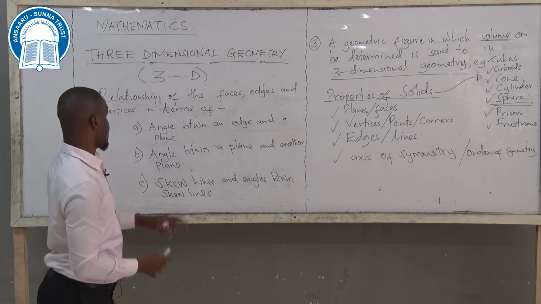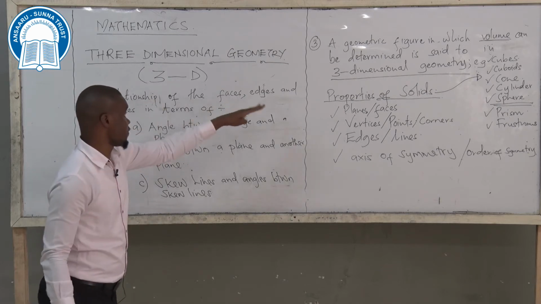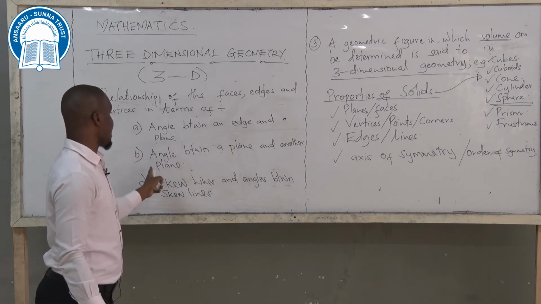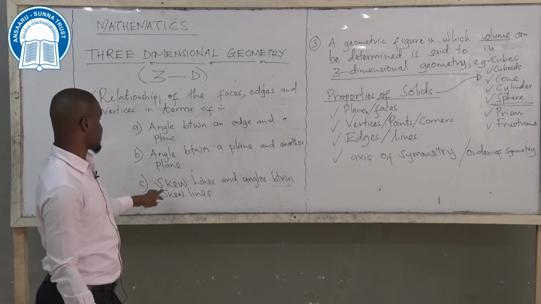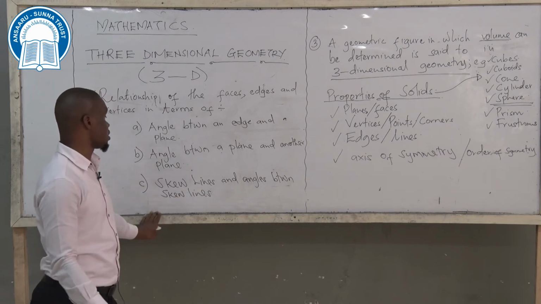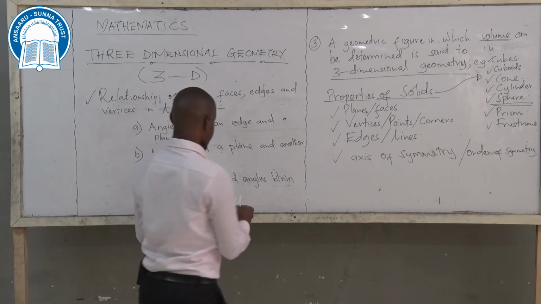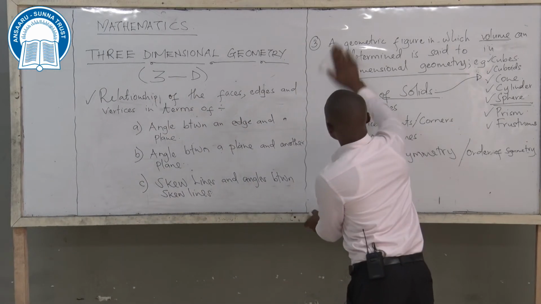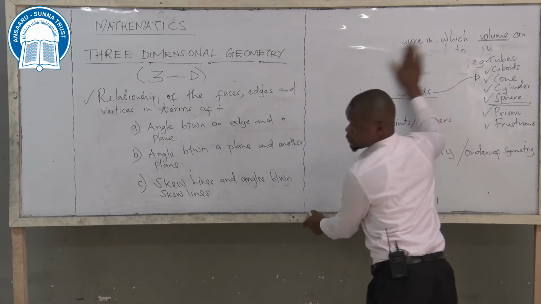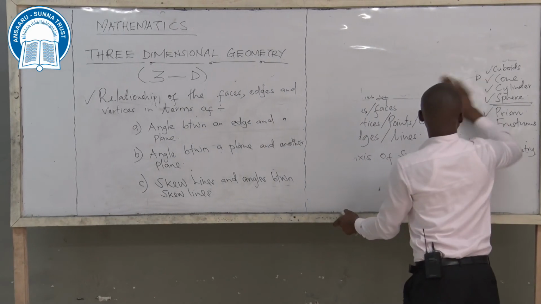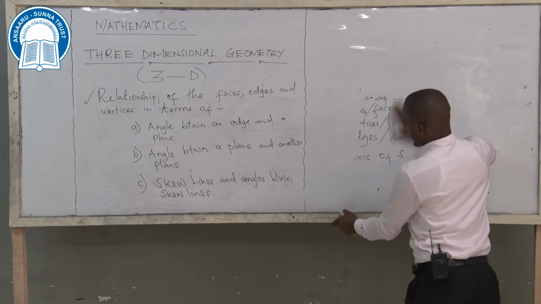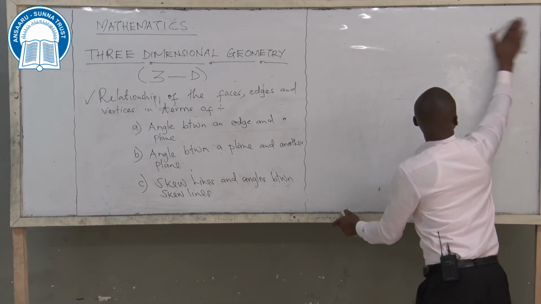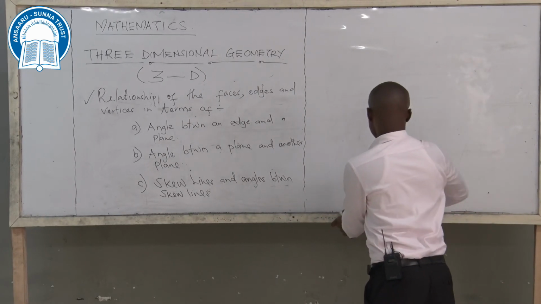So we are saying we're supposed to talk about the relationship between the faces, edges, and vertices in terms of angle between the edge and a plane, angle between a plane and another plane, and lastly, skew lines and the angles between skew lines. Now, to make this so clear, we want to start with the first one, about angle between an edge, that is a line, and a plane.